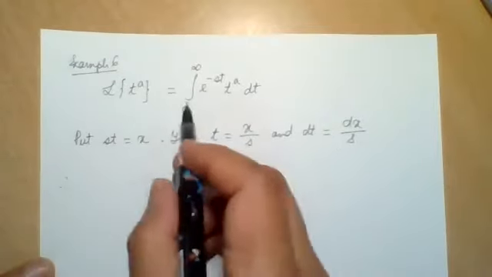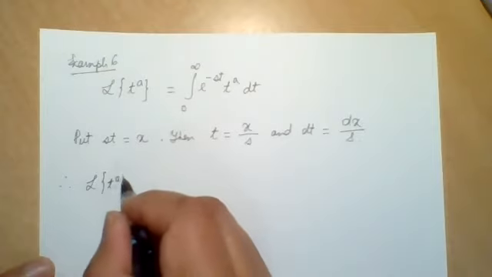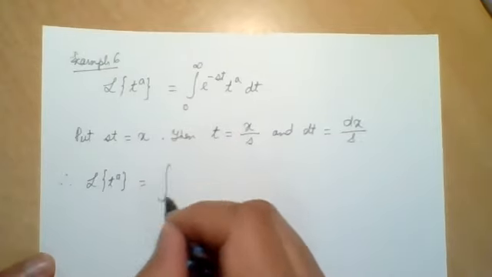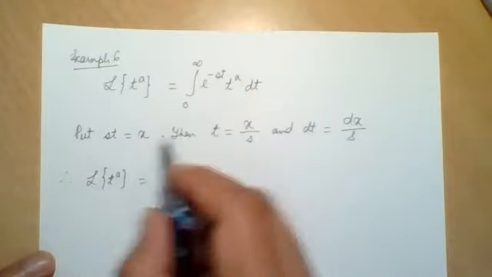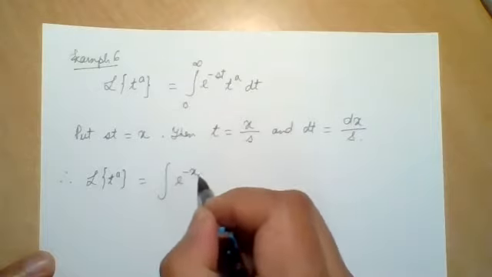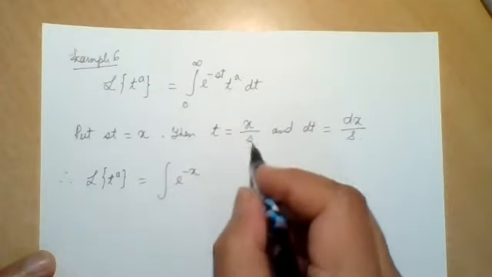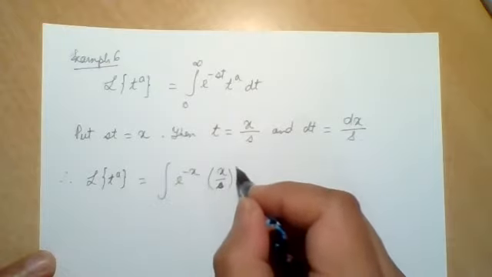Therefore, the Laplace transform of t to the power a becomes the integration of e to the power minus st. So st is x, so this is e to the power minus x, and t to the power a, t is x by s. Sorry, this is x by s to the power a.